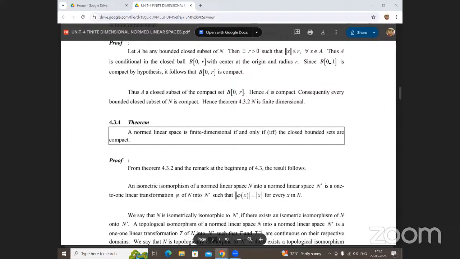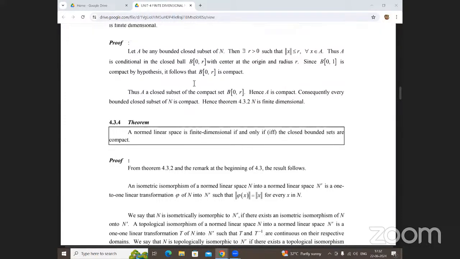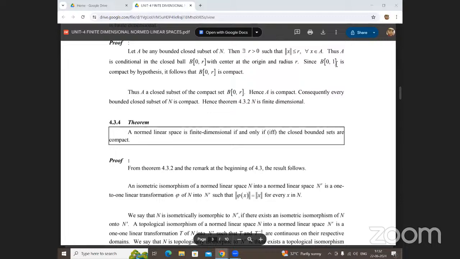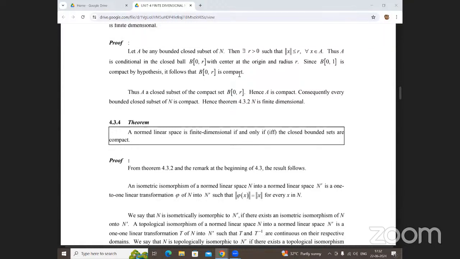When the radius is taken as 1, the elements have norm 1, so that closed ball B(0, 1) is compact by hypothesis. Similarly, it follows that when the radius is taken as r, replacing in the same manner, the closed ball B(0, r) is compact, because every open cover has a finite subcover.